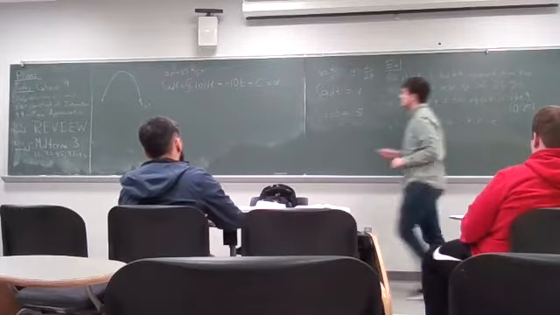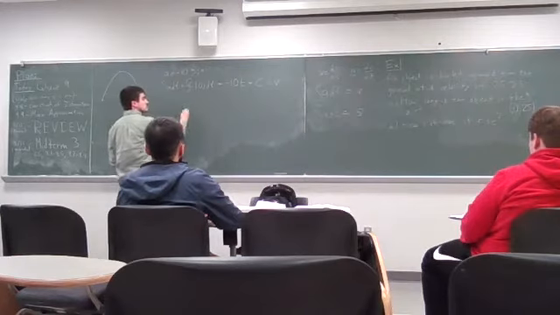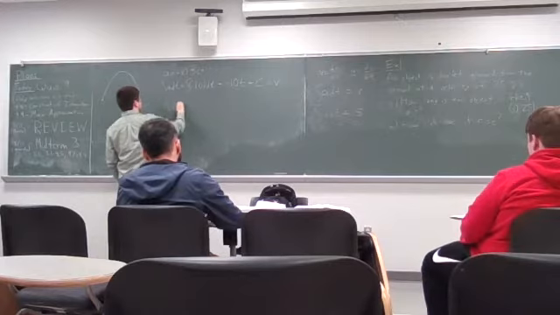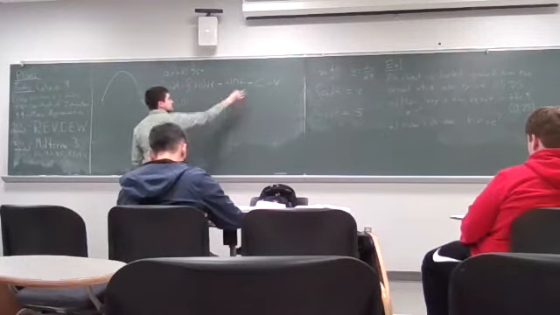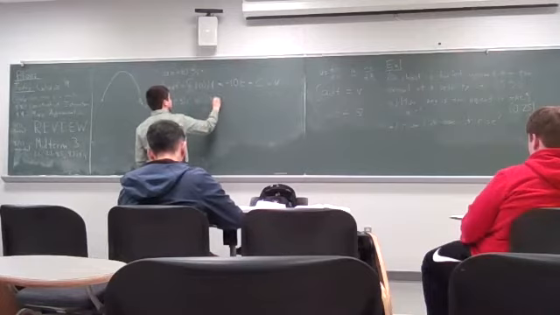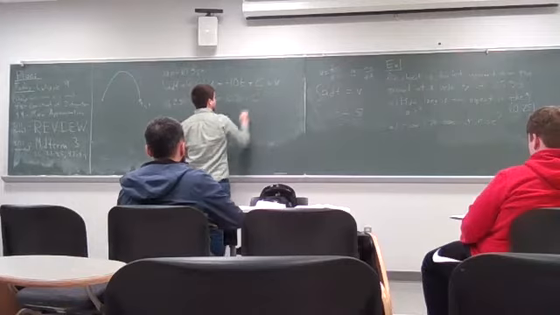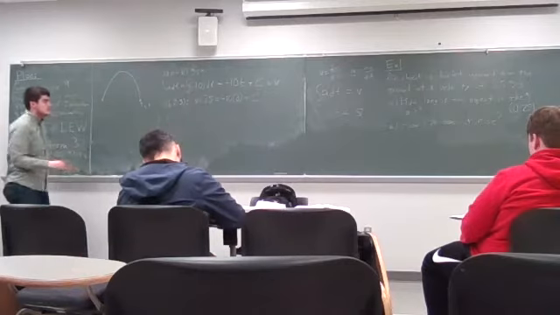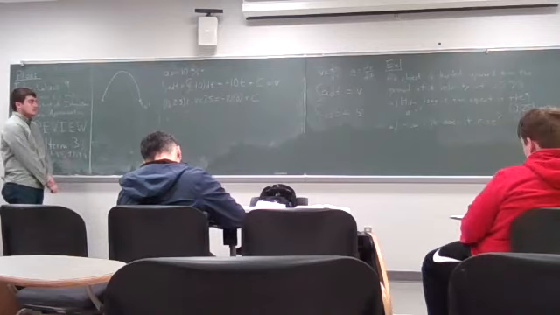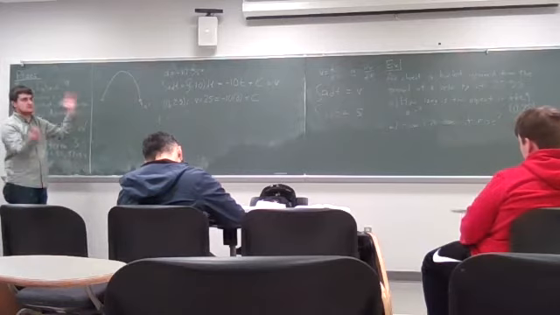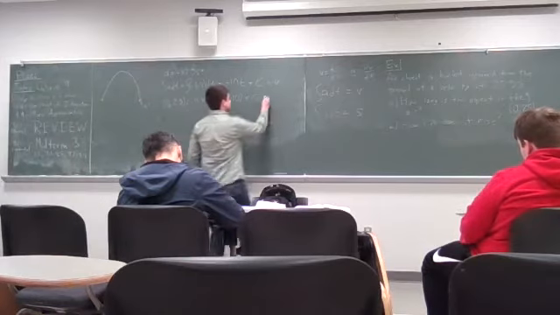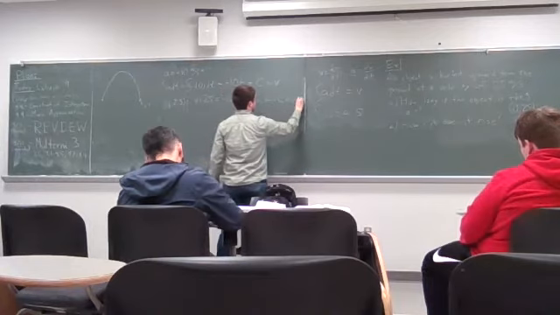So I'll write that point over here for the velocity. When V is 25, then I should have negative 10 times 0 plus a constant. What's that constant? It's 25. Negative 10 times 0 is just 0. So this gives us that C is equal to 25.